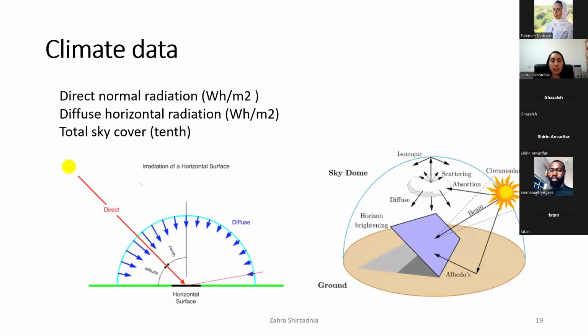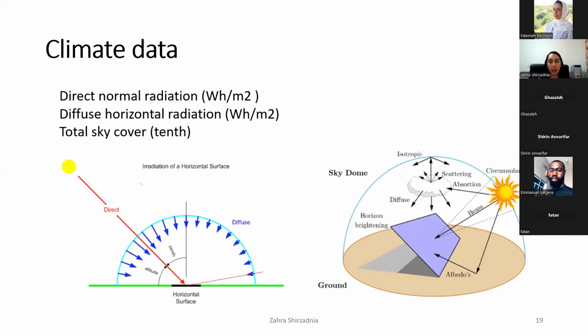The climate data includes direct normal radiation, diffuse horizontal radiation, total sky cover, and direct normal irradiance. Direct normal radiance is the amount of solar radiance perceived by a surface that is always held perpendicular to the rays that come in a straight line from the direction of the sun at its current position in the sky.